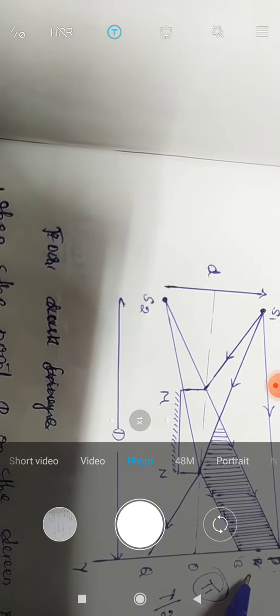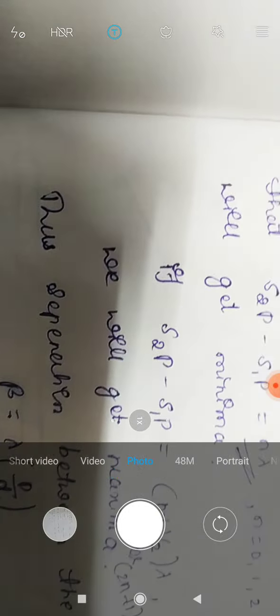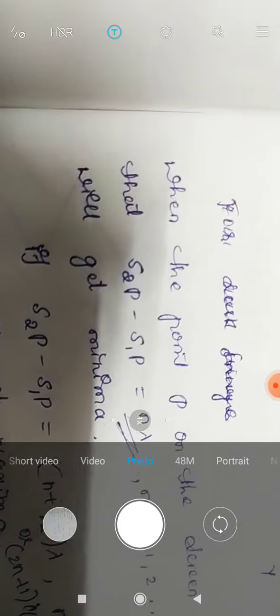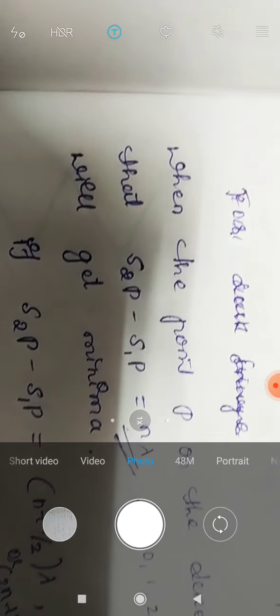The fringe width, or the separation between the fringes, we can express as beta equal to lambda D by d, where d is the distance between the slits, capital D is the distance between the screen and the slits, and lambda is the wavelength of the source used, and beta is the fringe width.